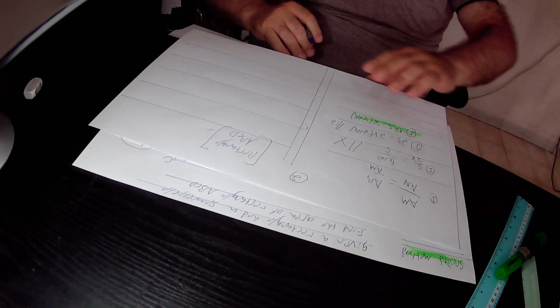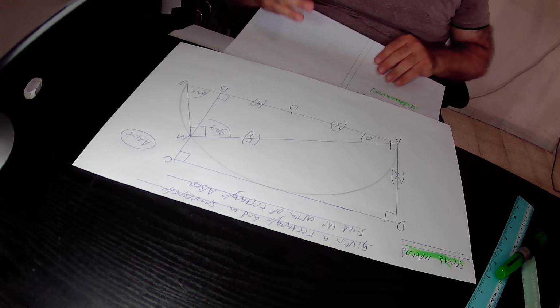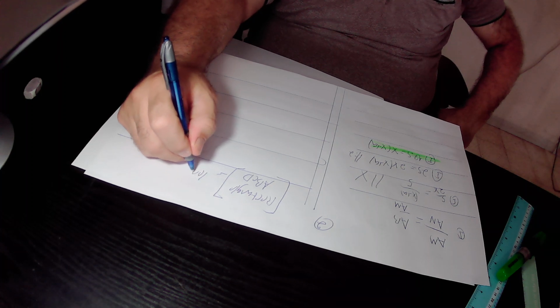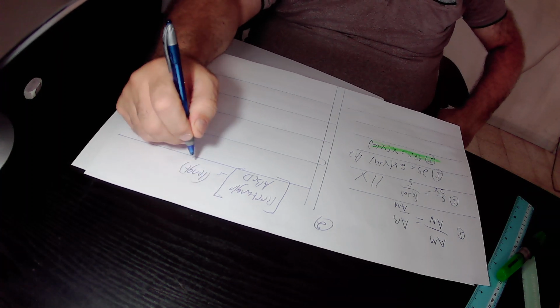The area of any rectangle equals the length of the rectangle times the width.